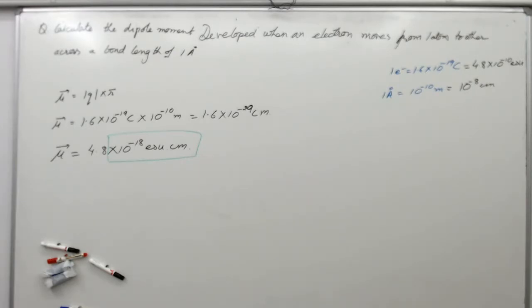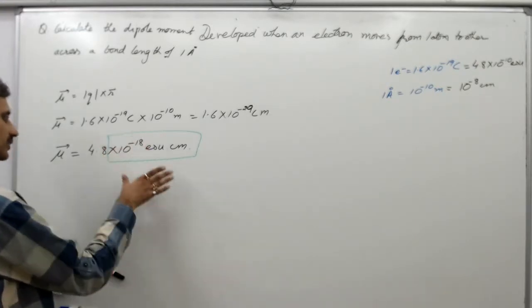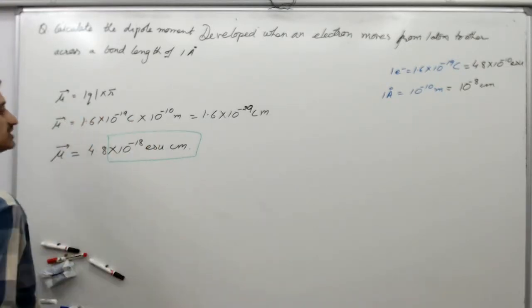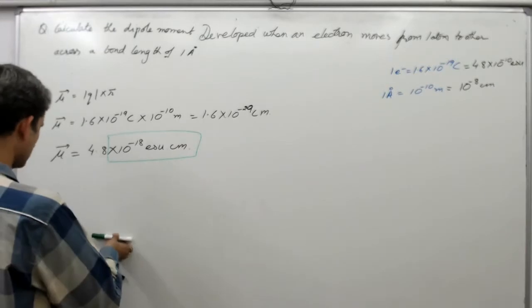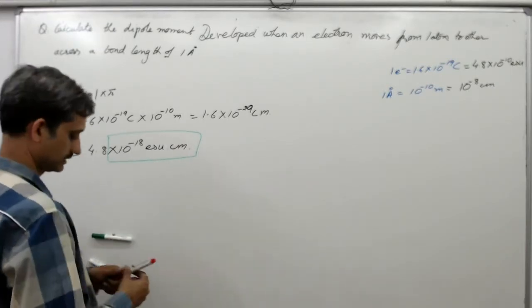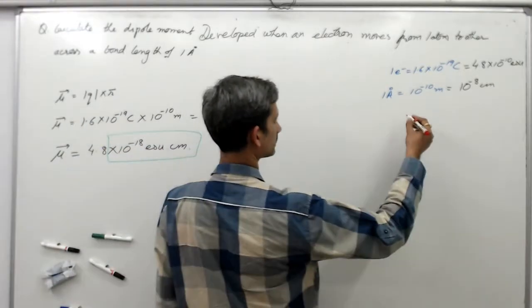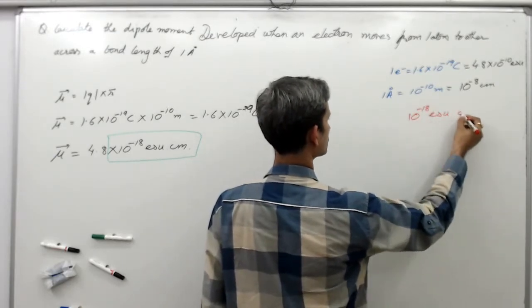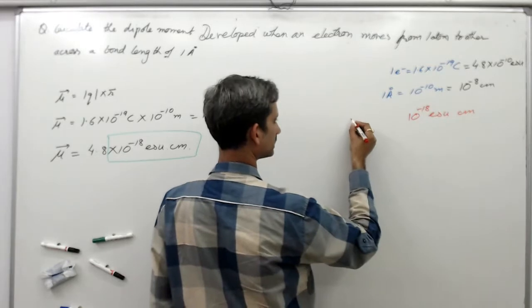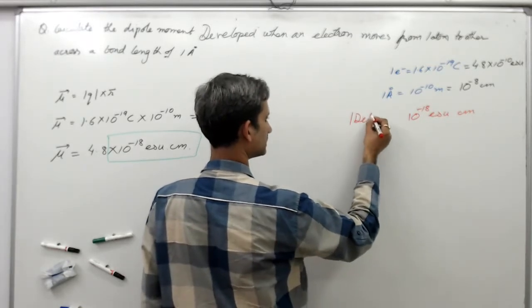So they made this 10 raised to power minus 18 ESU centimeter a unit, and this unit is known as 1 debye.